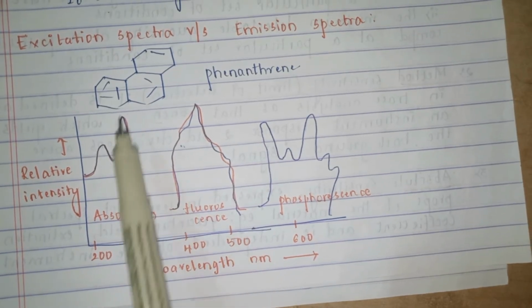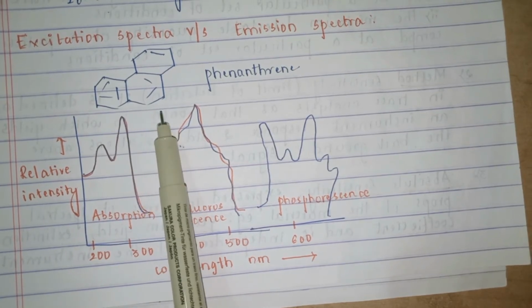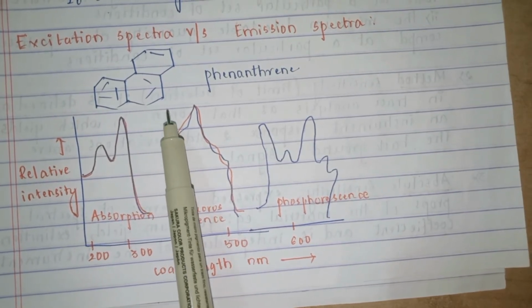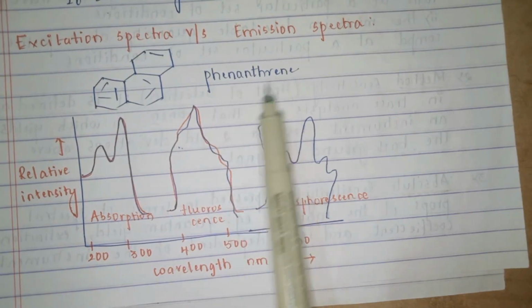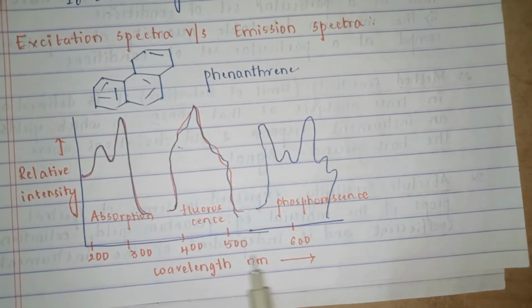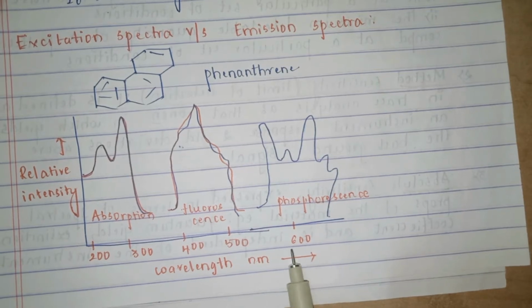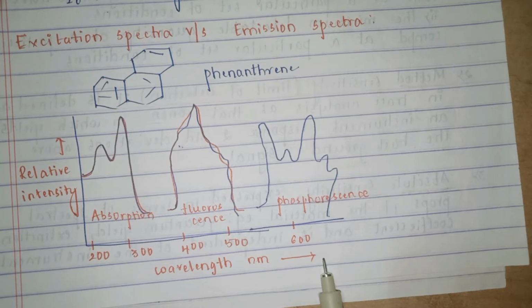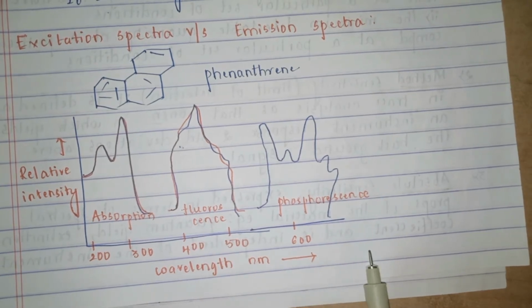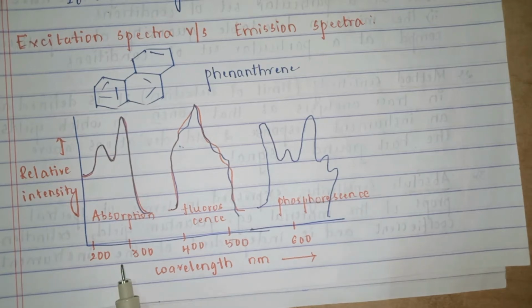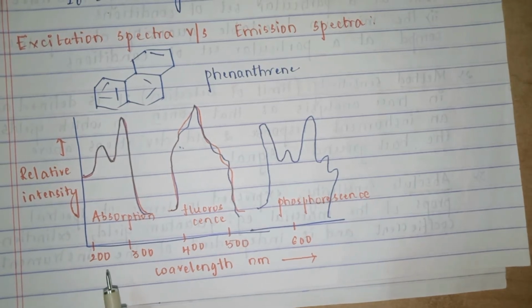Now the same compound, if it undergoes intersystem crossing from a singlet state to a triplet state, it is going to give phosphorescence. Look at the wavelength of the phosphorescence, it is 600 nanometers. So from this graph we can understand that fluorescence and phosphorescence occur at a longer wavelength compared to that of absorption spectroscopy.